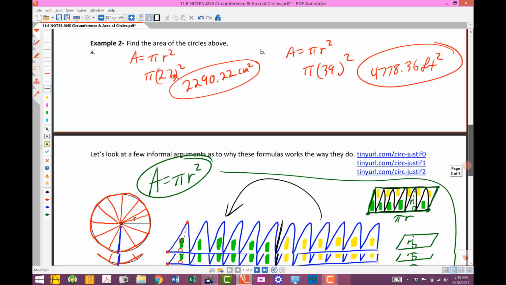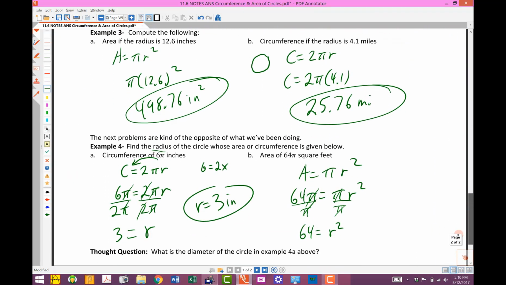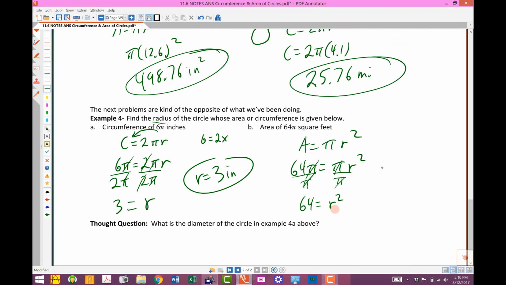At this point, this is a little bit of guess and check. It's definitely bigger than 7. 7 squared is 49. 9 squared is 81, so it's got to be somewhere in between, and 8 squared is 64, so that's what it is. So the radius on this one is 8, and since this was in square feet, the radius would be in just plain old feet. Okay, that's it.